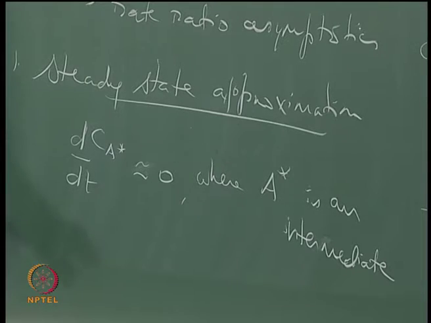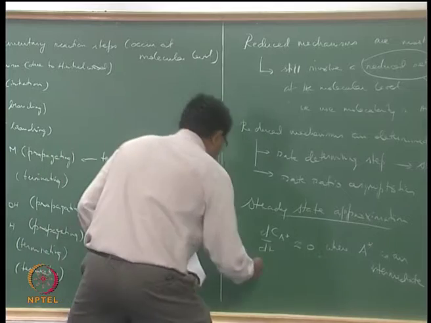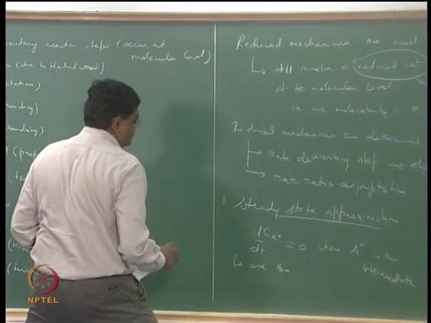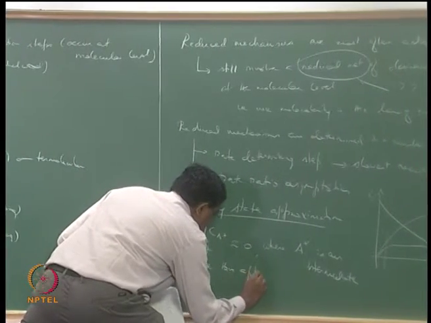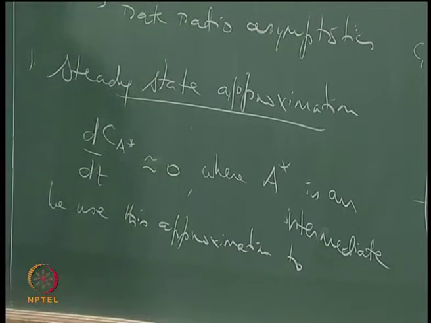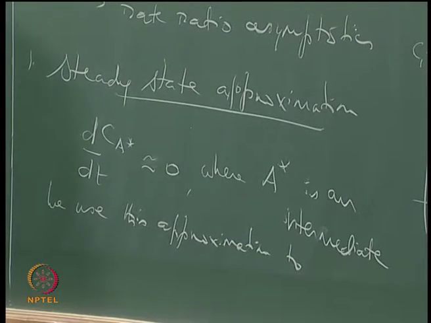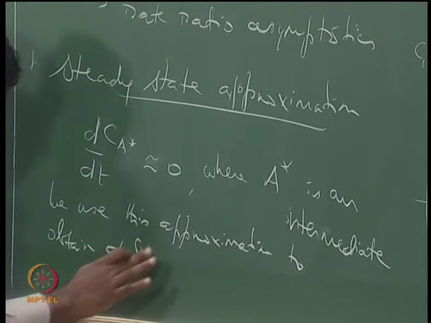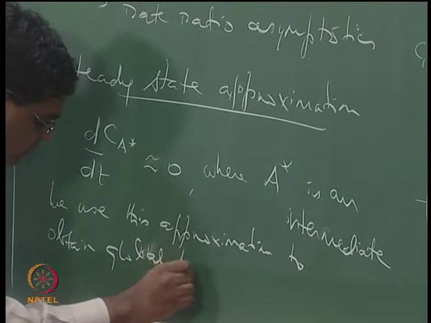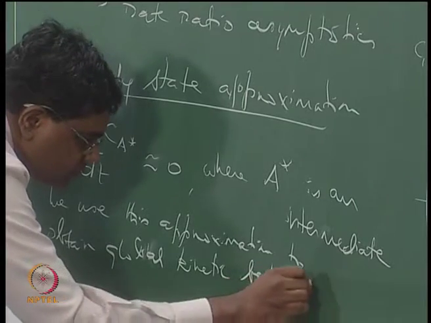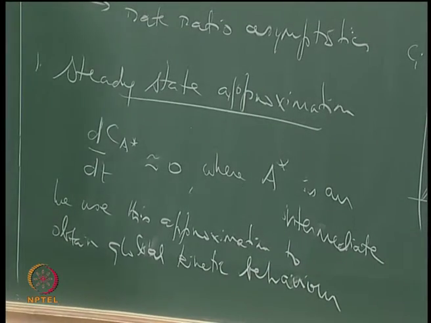So what do you get out of this is what we have to see. We use this approximation to obtain global kinetic behavior. What is meant by global kinetic behavior?